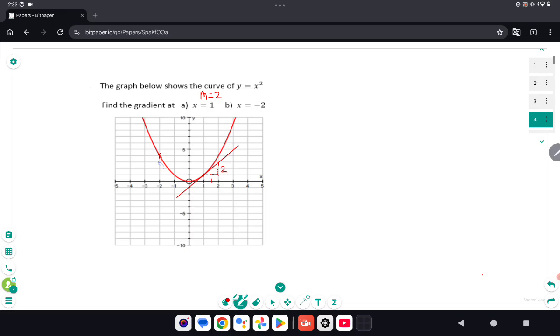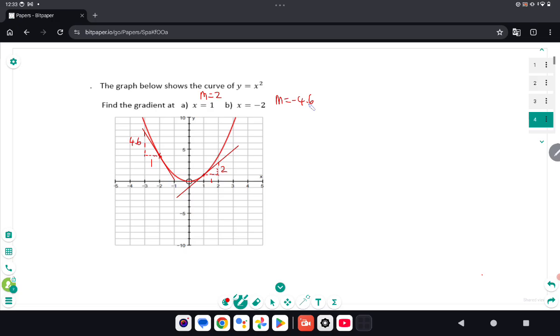So let's draw my tangent. So change in x is 1, change in y is 1, 2, 3, 4, 4.6 maybe. 4.6 divided by 1, and it's negative, so the gradient is minus 4.6.